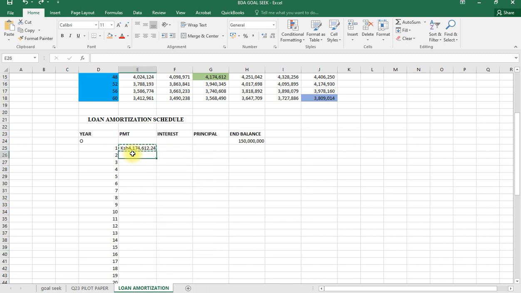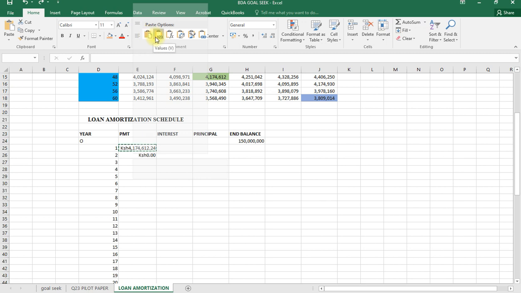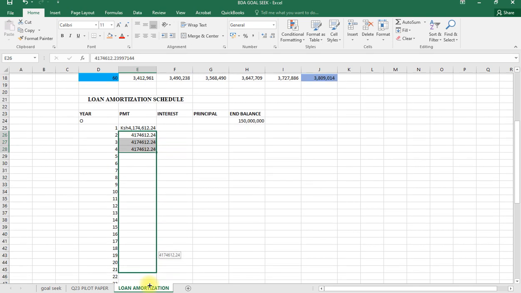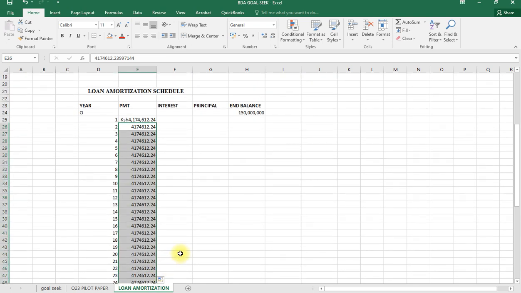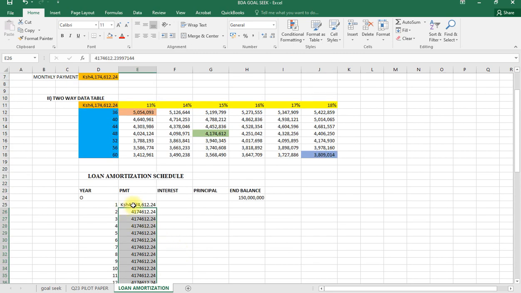I will copy this and paste it here. Just need the value, the value itself, immediately the value. We find that that is our constant value that we are having, our constant value.